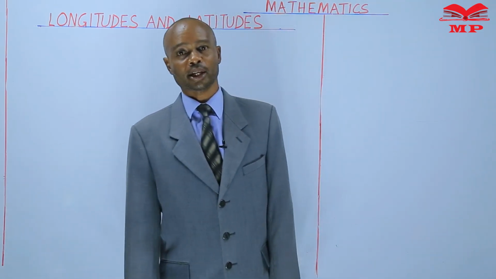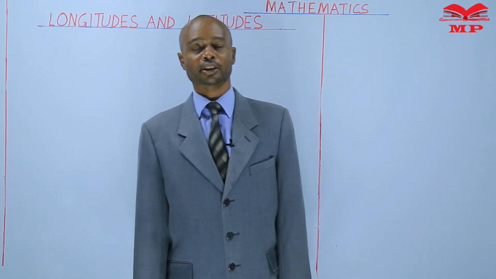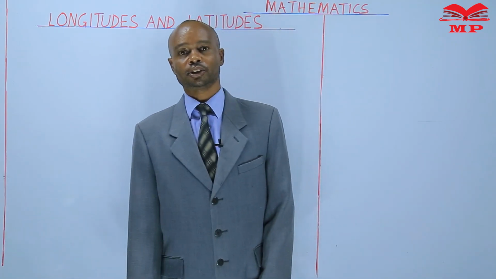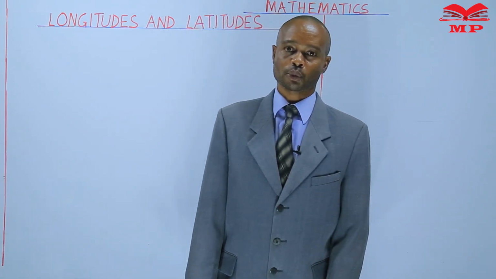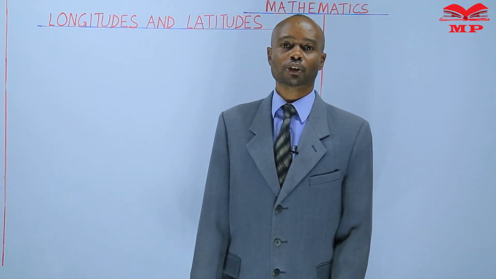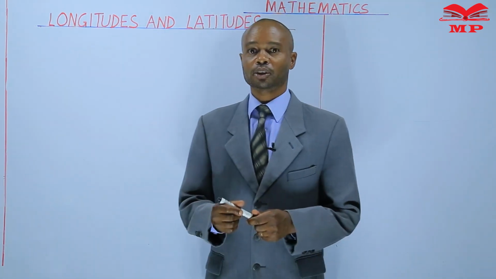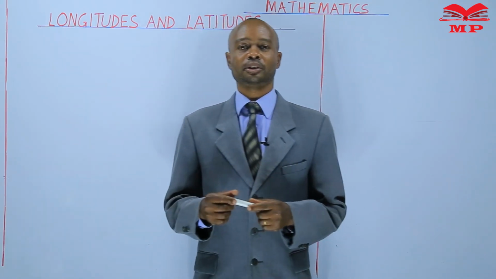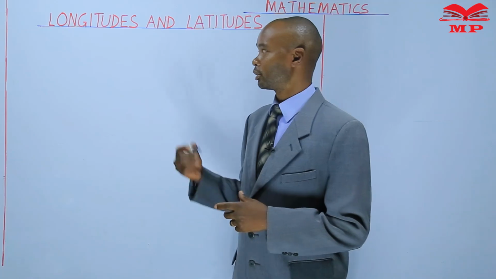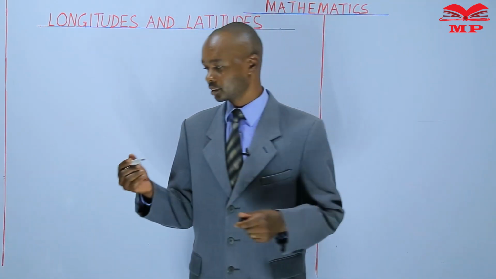Today, we are going to look at the relationship between the radius of big circles and the radius of small circles, where the radius of the big circles also happens to be the radius of the Earth. So the main objective is for the learner to get to know the relationship and use it later in calculations.